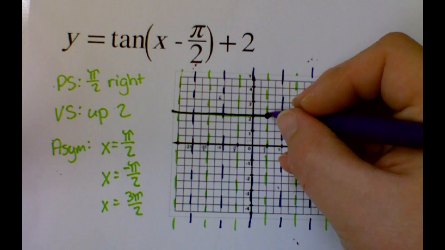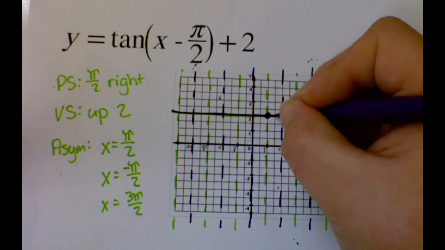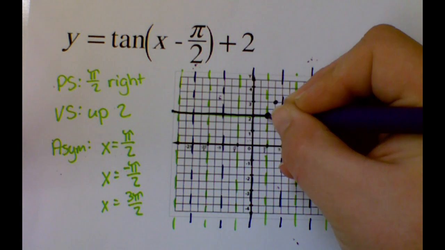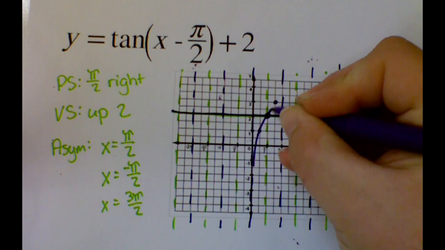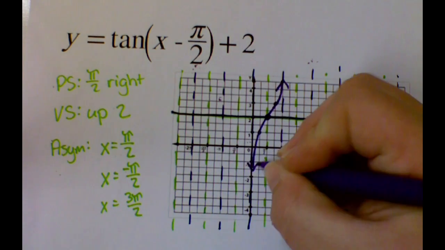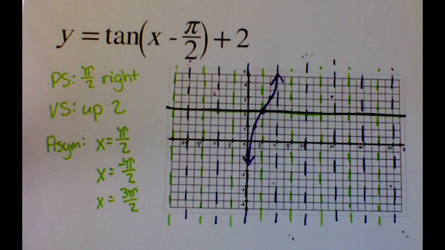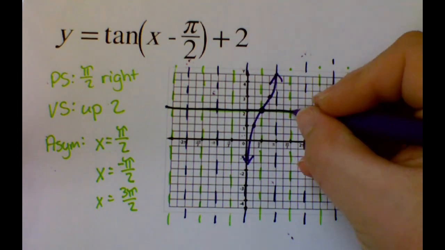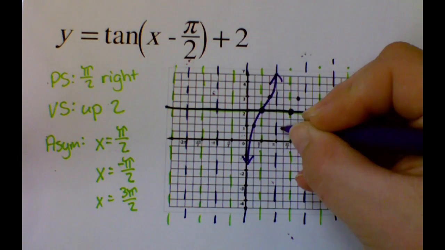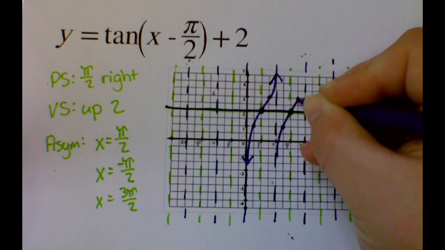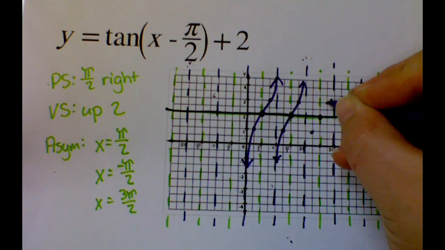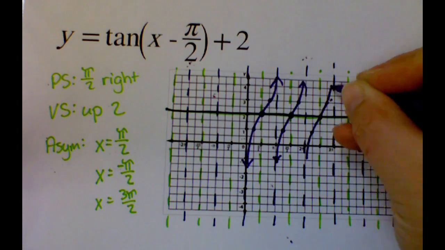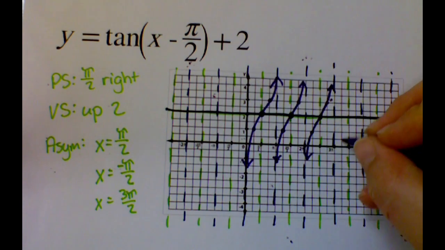And normally tangent, 1 line over is 1 up, and 1 line over is 1 down. And I make a squiggle through that. We didn't change anything else about tangent, so that's what it's going to look like. And then we repeat that. And make my squiggle. And always fit as many periods of my graph as I can.